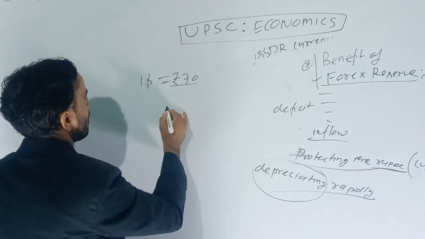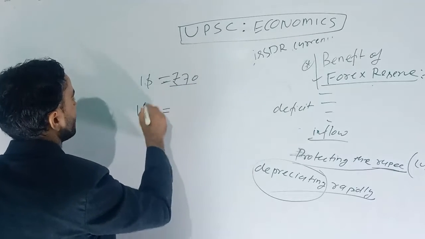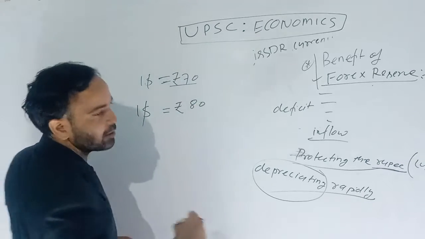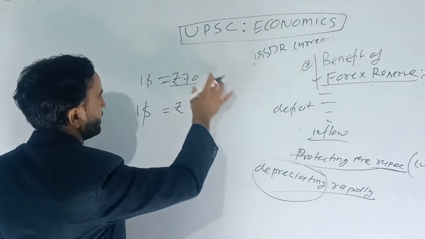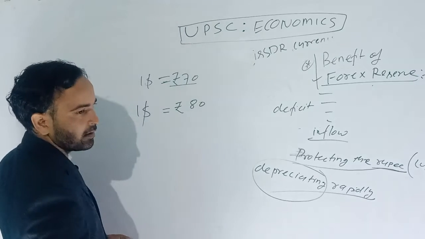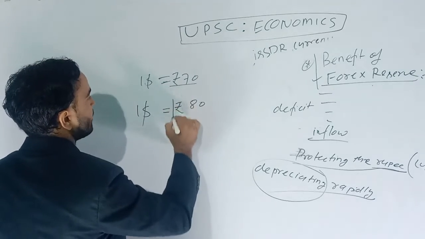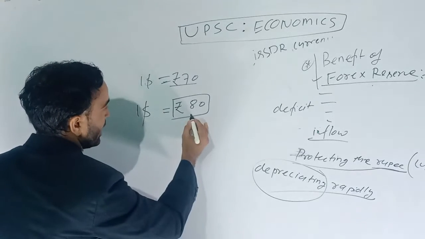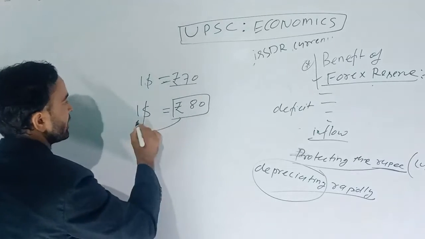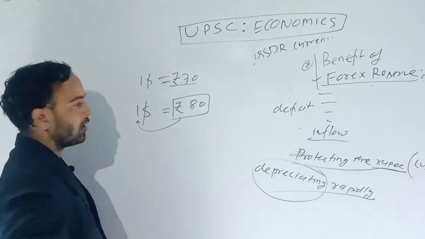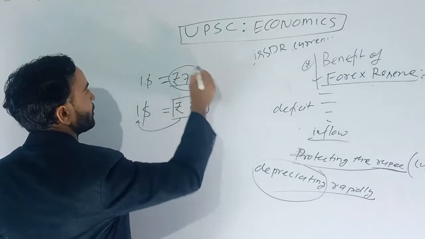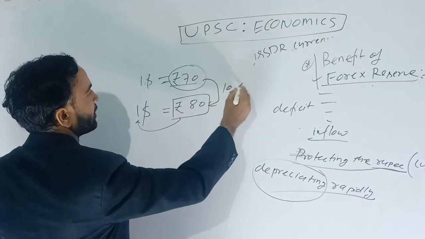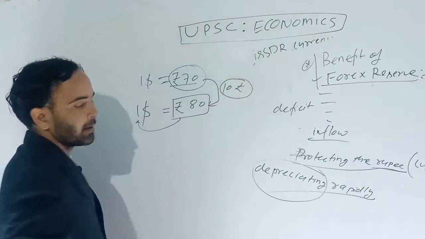Now $1 becomes 80 rupees, 90 rupees, 100 rupees. It means it is gradually going down. Now I have to give 80 rupees for getting $1. Earlier only 70 rupees I had to give. Now 80 rupees. It means we are in a deficit of 10 rupees.